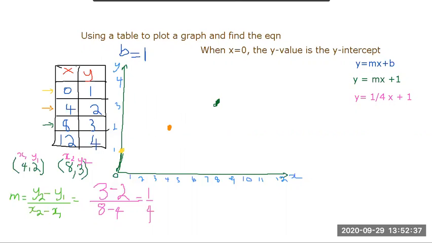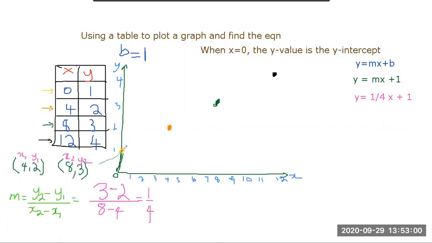Our next point is the black point. So x is 12 and y is 4. About there. Then I'll get my ruler and I'll just connect all the points.